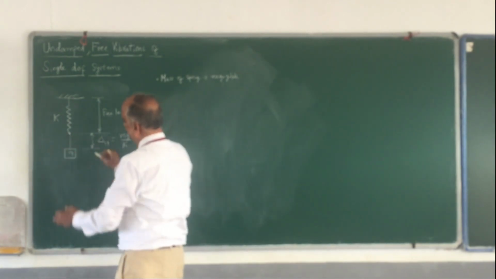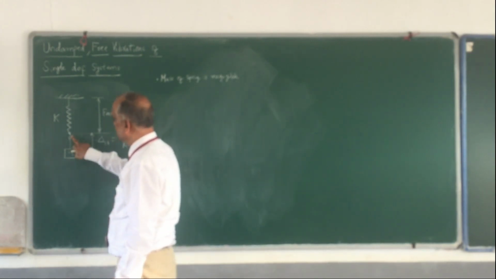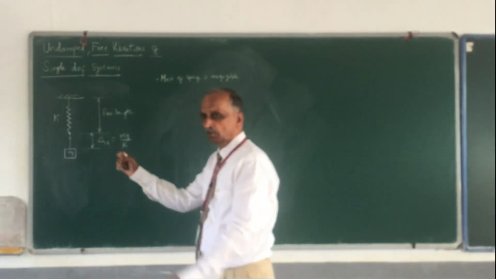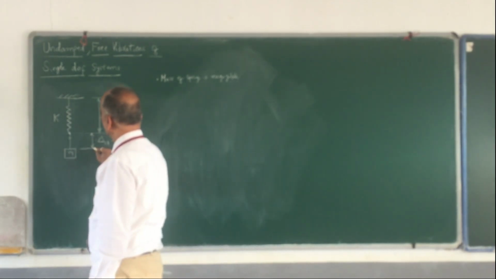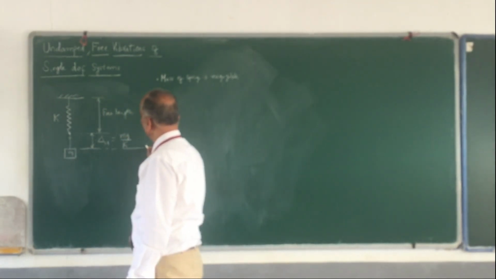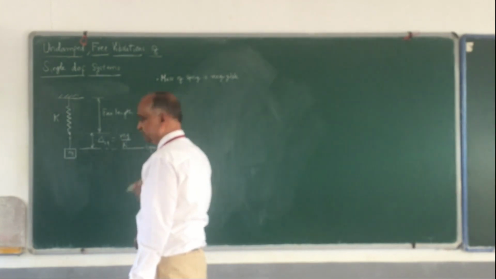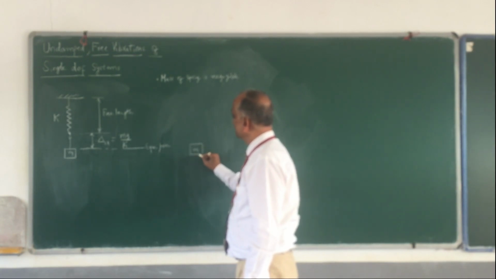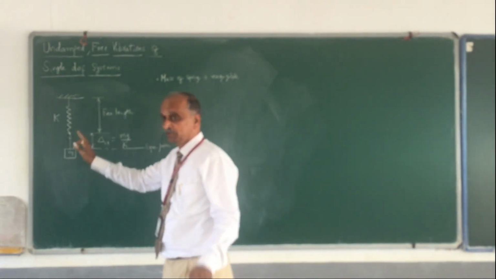So as you apply the force mg here, what happens? The spring is subjected to extension. It will undergo how much? mg divided by k. And right now, this is what I mean by the equilibrium position. If I draw the free body diagram of the mass now, this is the mass. Let me show what forces are acting. Please remember it is an equilibrium state.